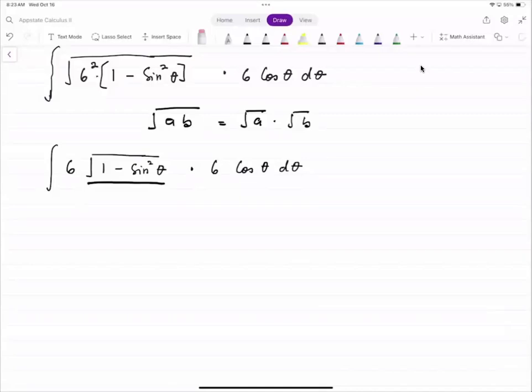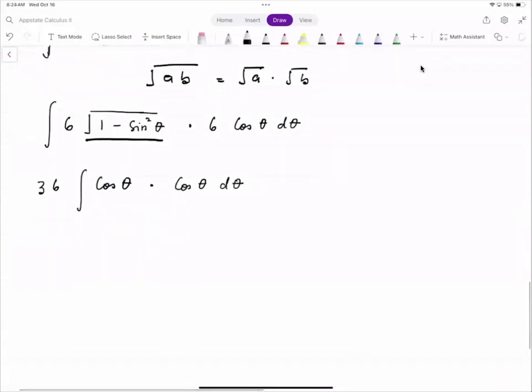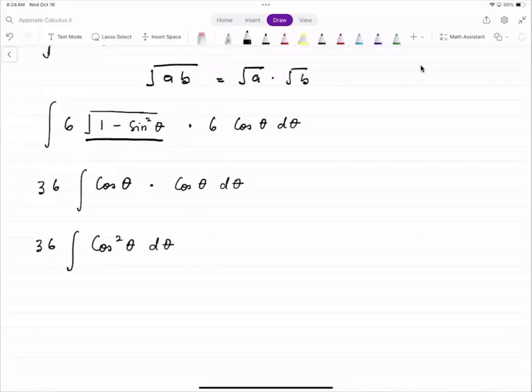I could bring that out of the radical sign, out of the expression. So 36 here. And then this whole thing here is cos theta times, there is also a cos theta here, d theta. And now this gives you 36 integral of cos squared theta d theta.